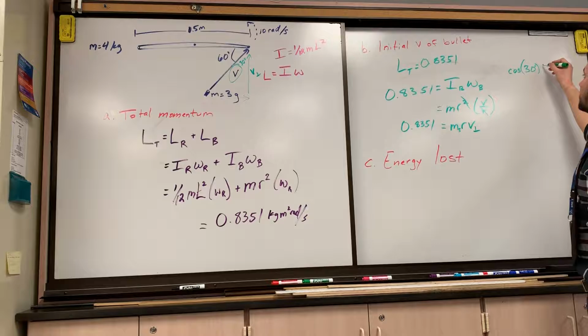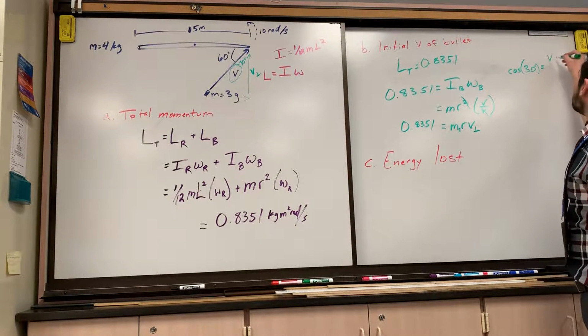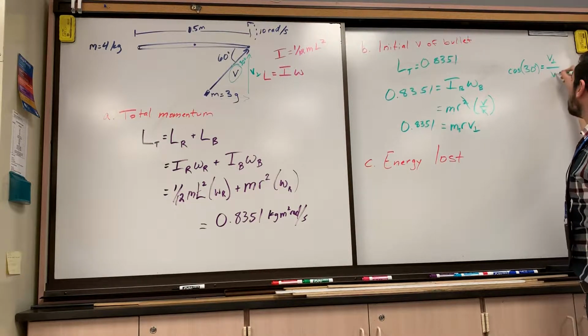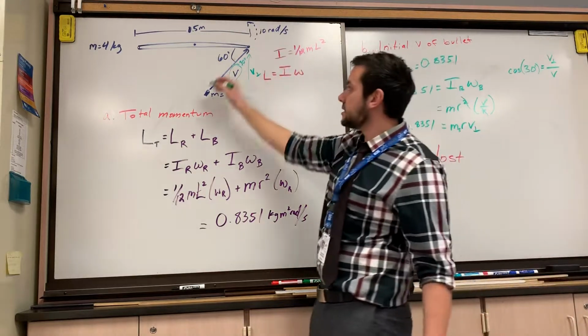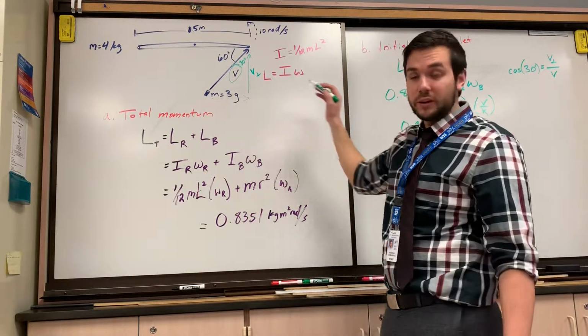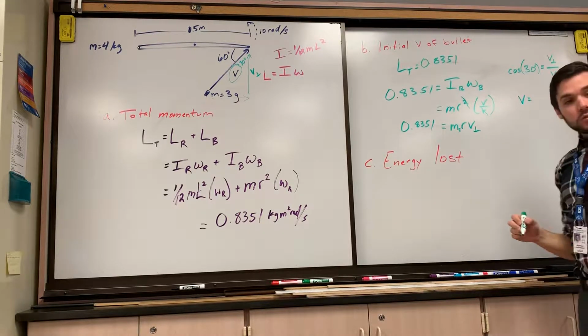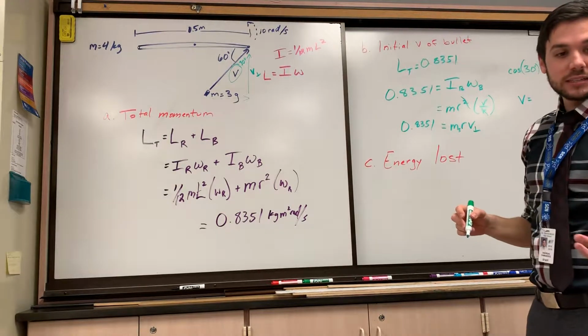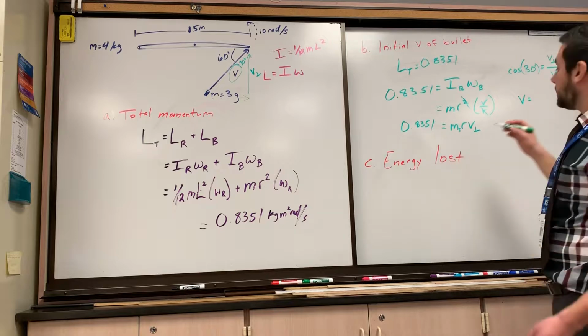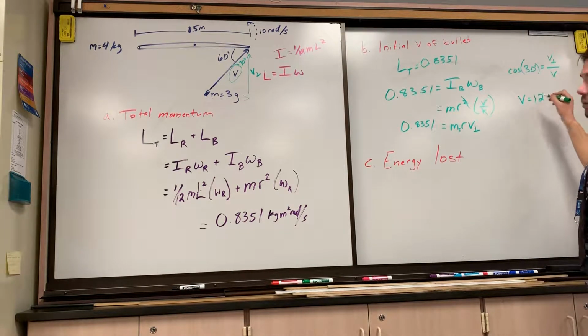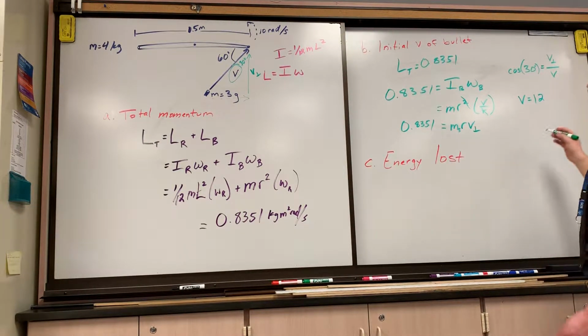Cosine of 30 degrees is v parallel over v, and the hypotenuse is the component that we're actually looking for here. When we solve for that, we end up getting a total velocity. The hypotenuse velocity value is going to be 1,285.8.